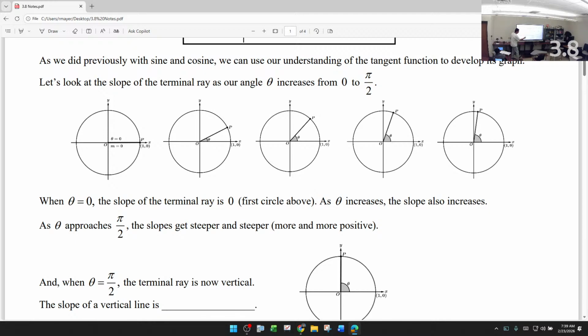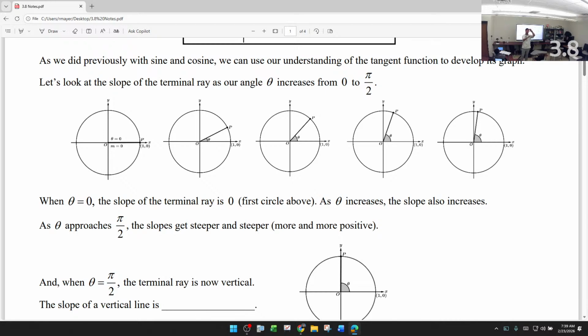Right here, where they're talking about this point, tangent is 1. That's the 45 degrees, or pi over 4. When it's right here on the x-axis, which is 0 degrees or 0 radians, at 0, sine is 0 and cosine is 1.